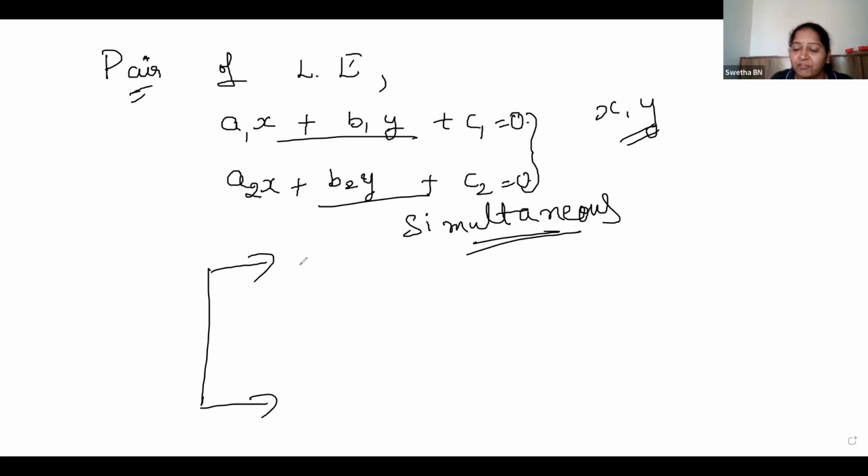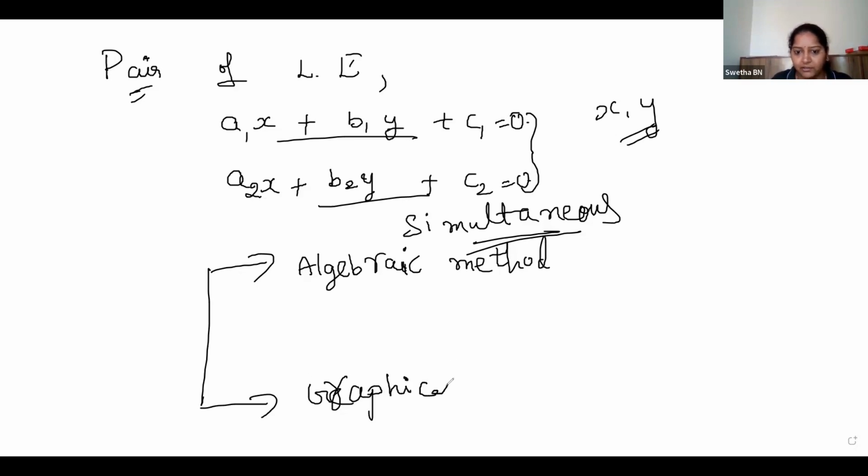Which is the first one? Algebraic method. And another one is the graphical method. Algebraic method and graphical method. Are you getting, children? Yes.